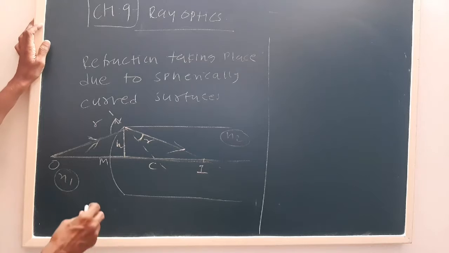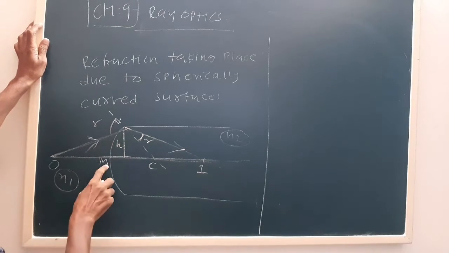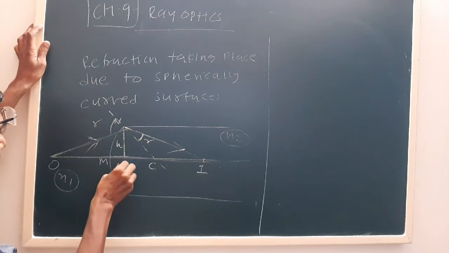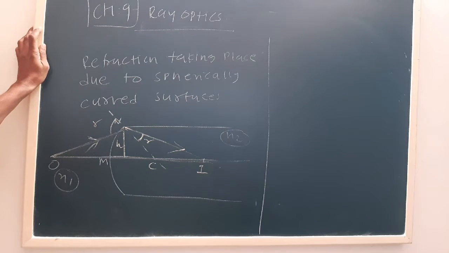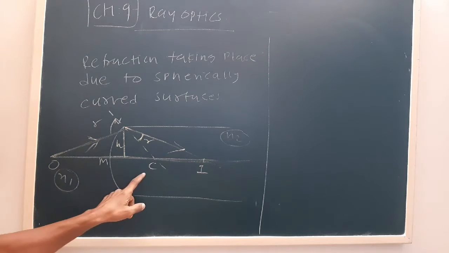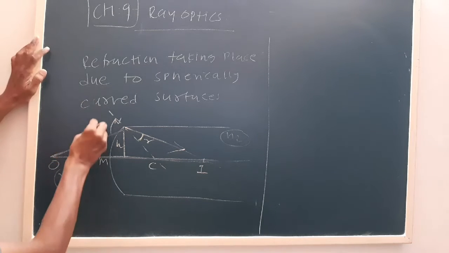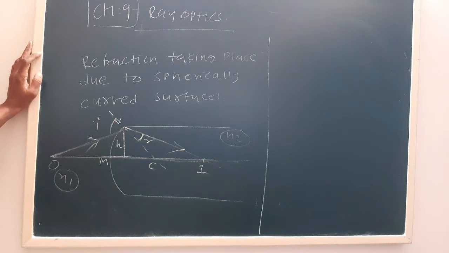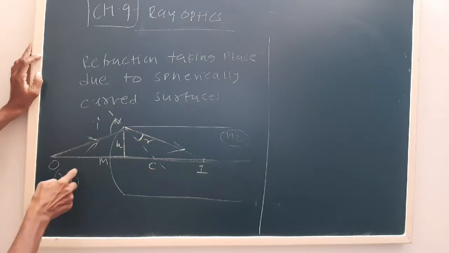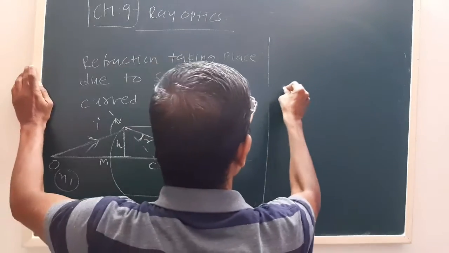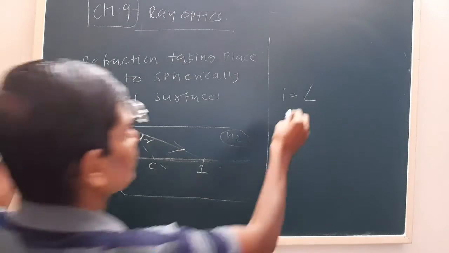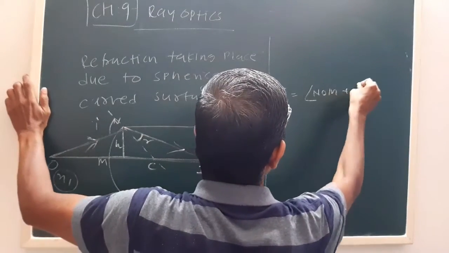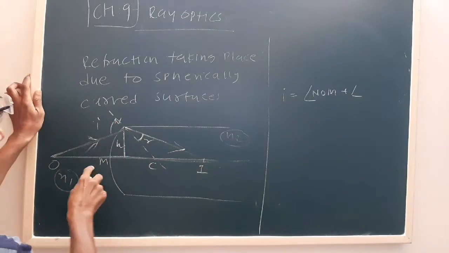Now see triangle NOM. We can consider this M dash also. Now we consider triangle NOC. This angle is I, the exterior angle, so it is the sum of NOM plus NCM. So our angle I we can write as angle NOM plus angle NCM.